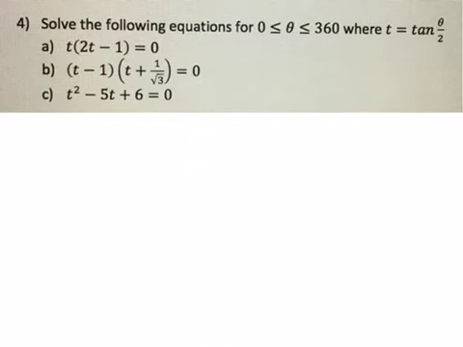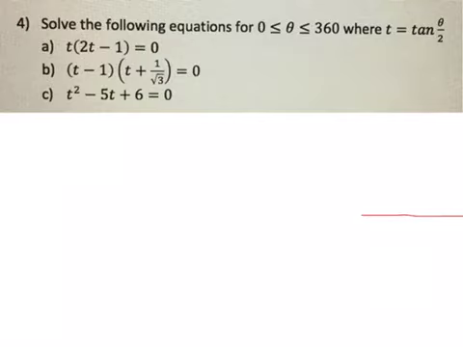The last set of examples in this section of the topic is focused on using t formulas to help us solve trigonometric equations. This is a really useful technique to turn your trigonometric equations into really basic algebraic equations that are very quickly solved. In all of these examples, we've started with an equation that is algebraic, where we're being told that t is standing for that t substitution of tan theta on 2.